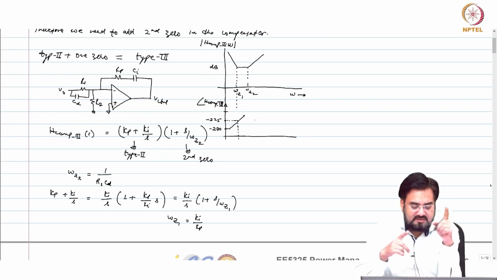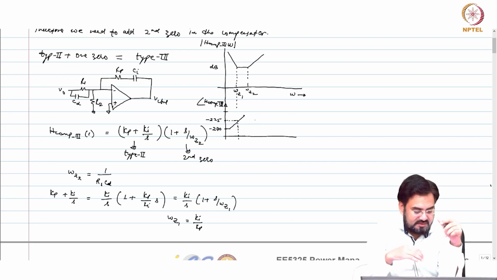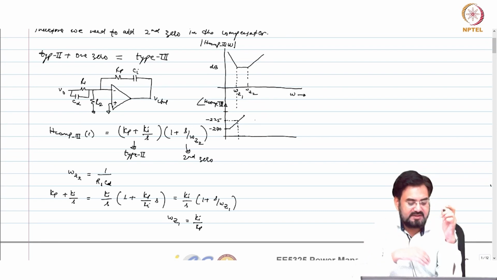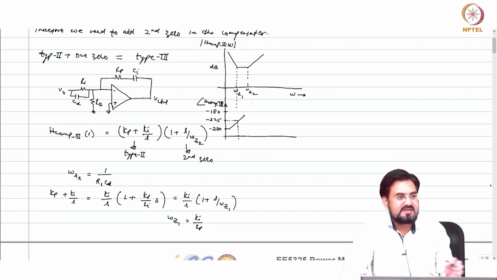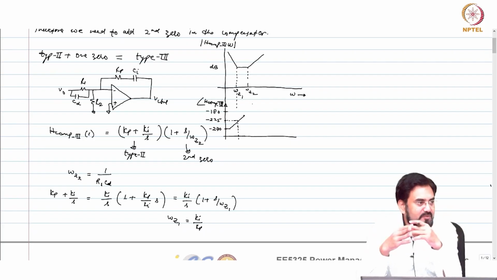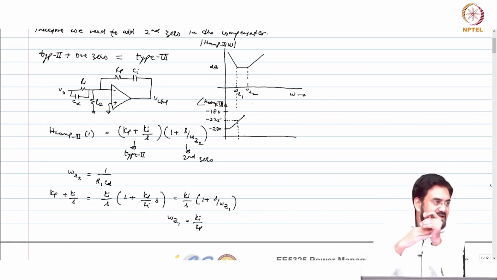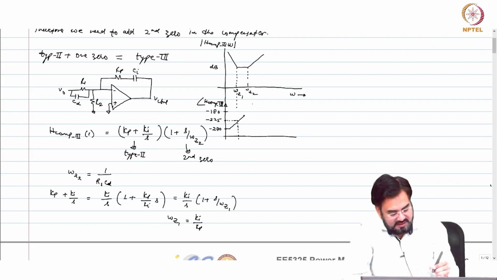Let us say omega z1 and omega z2 are far away, then it will settle at minus 180. But due to the second 0, it depends how much separation you have between omega z1 and omega z2. It may settle and flatten out at minus 180, but if your second 0 hits before that, then it will keep rising towards plus 90.